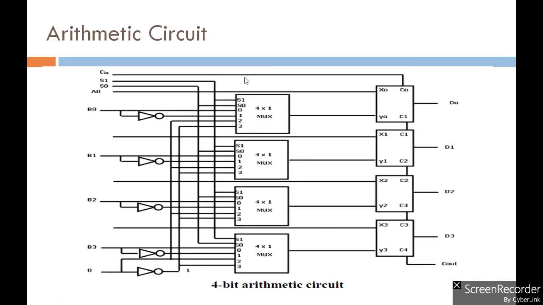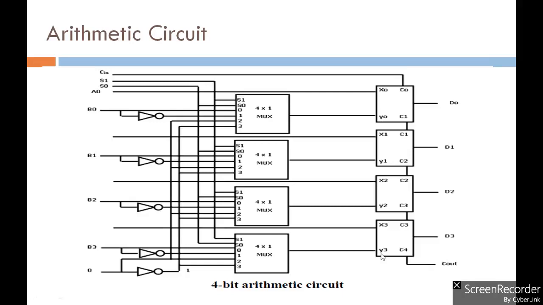See, all these multiplexers are used to choose any one of their inputs and transfer it to the output line, which is connected to the second input of each and every full adder.